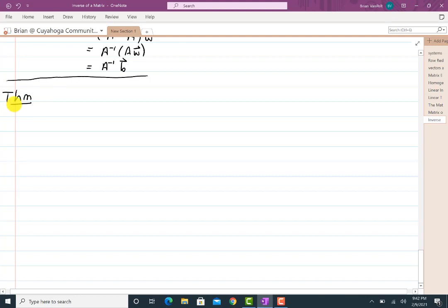Another theorem: if A is an invertible matrix, then so is A inverse.